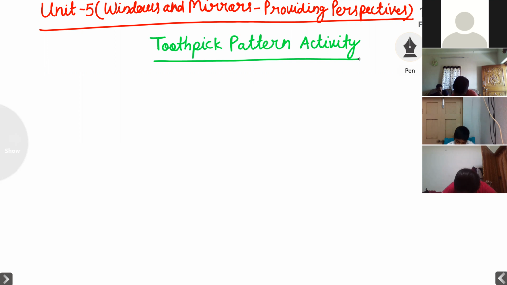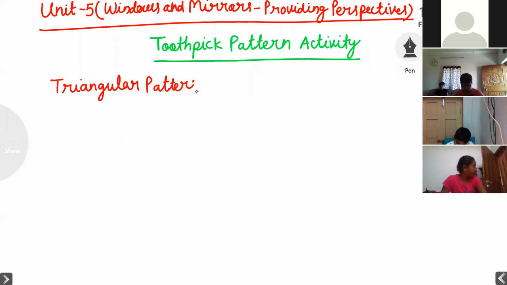In this, first keep the heading Triangular Pattern. The first pattern we are going to learn with the help of toothpicks.